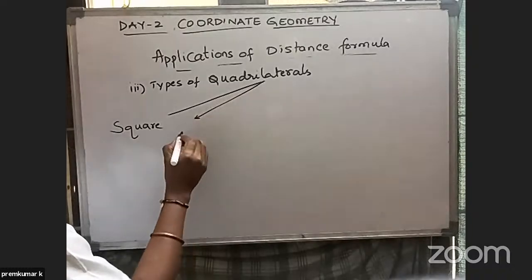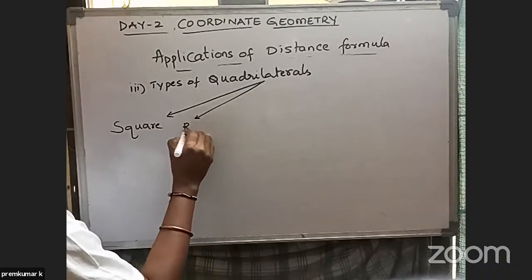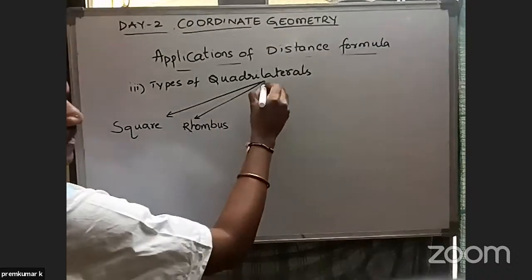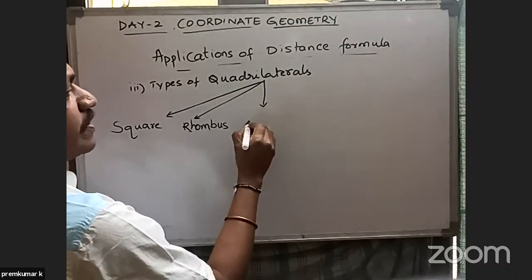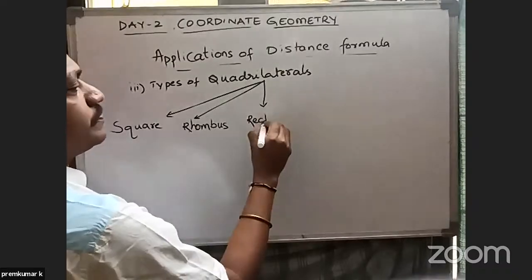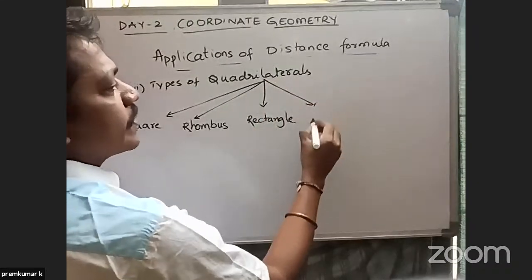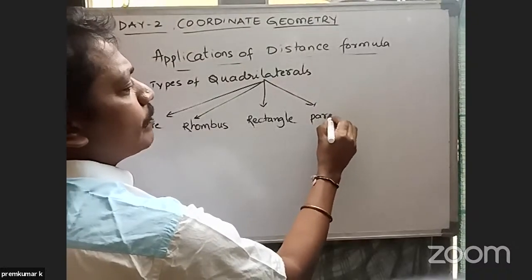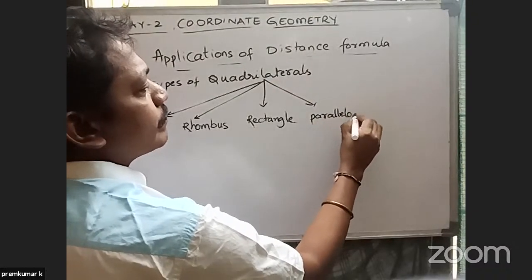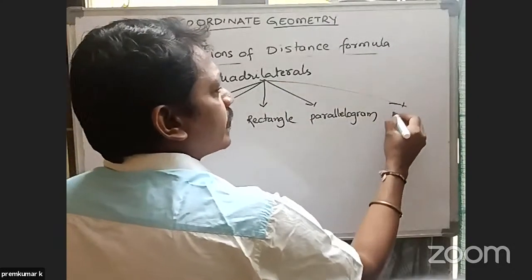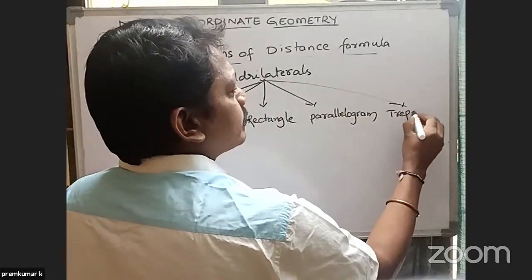Then for your convenience, I'm writing rhombus. Next, a rectangle. Parallelogram. And trapezium.